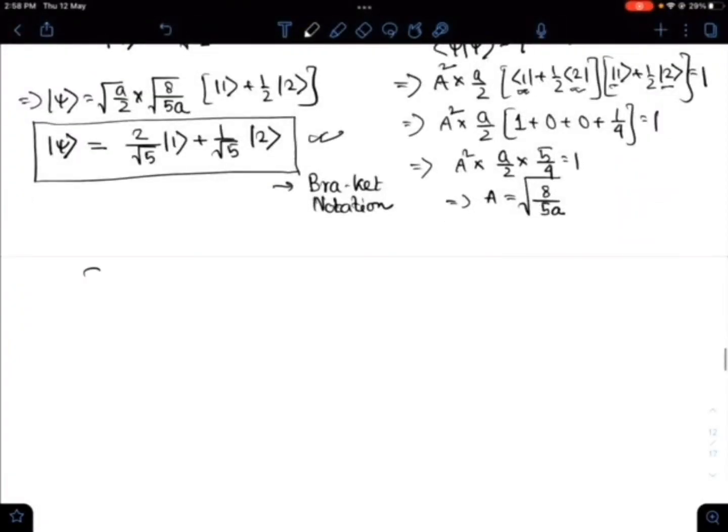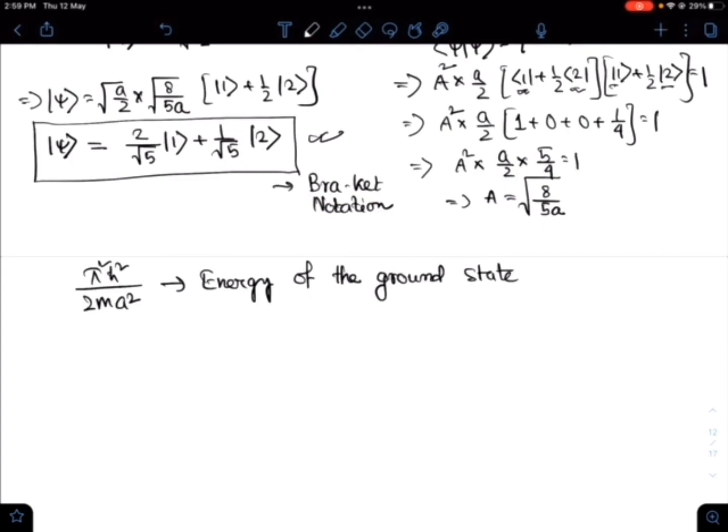So pi square h cut square by 2m a square is the energy of the ground state. That means we have to find the probability for the state to collapse into the ground state, that means into state 1.